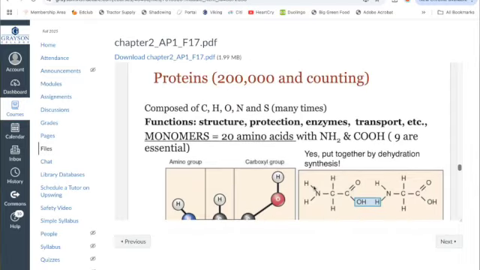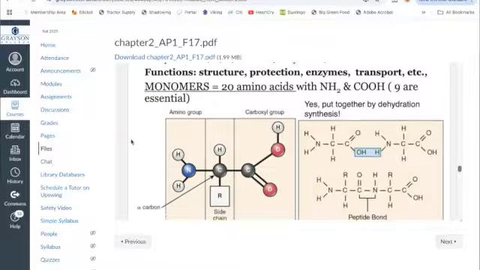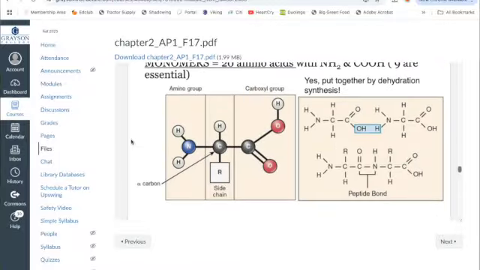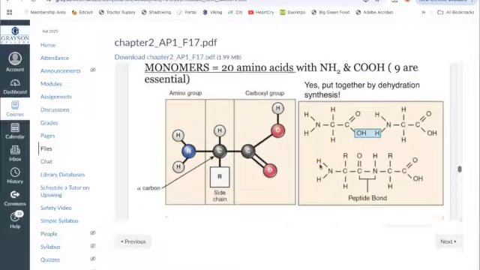Now we're going to come to proteins. Proteins have carbon, hydrogen, oxygen, nitrogen, and sulfur. Anytime you see a peptide bond, we're talking about a protein.